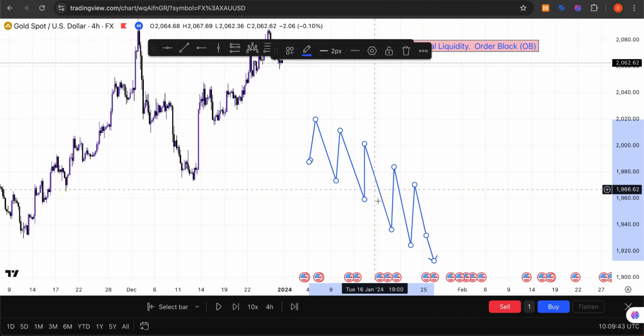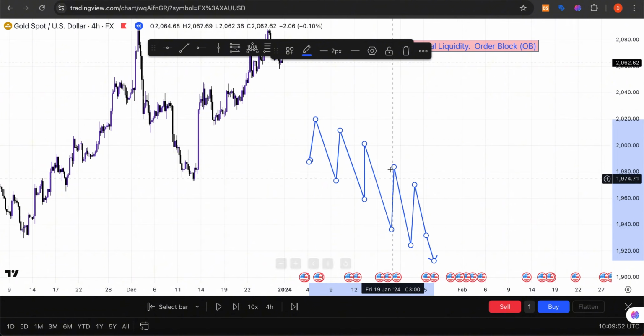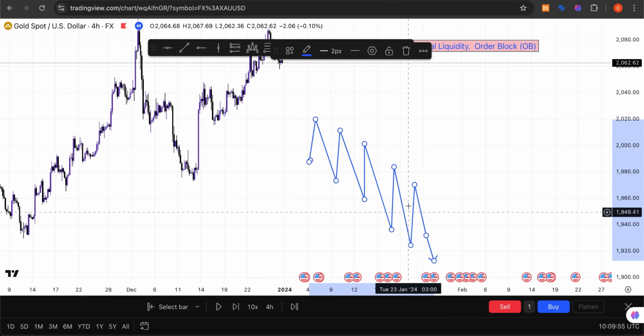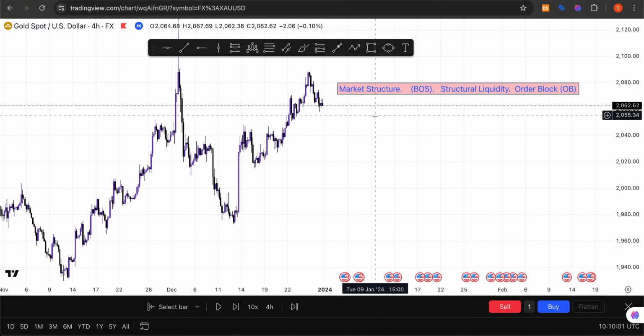You see this low now is lower than this low. That is why they call it lower low. This one now is a lower high, then lower low, lower high, lower low, lower high. So that is downtrend. That is the strategy we are going to use.